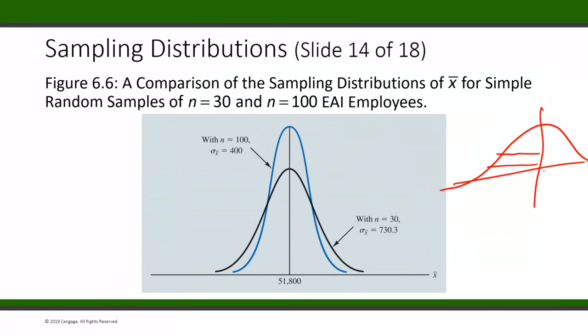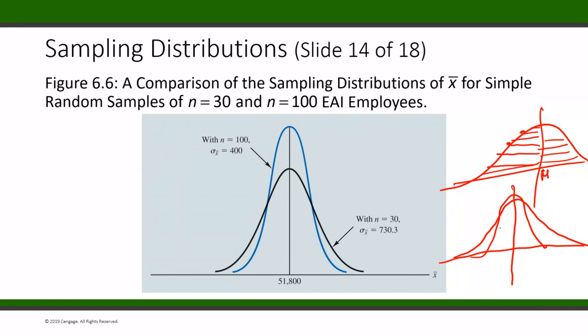It's showing how far, if this is mu or the mean, this value is from the mean, and how far this value is from the mean. And then if we increase the sample size, it becomes a little squeezed.